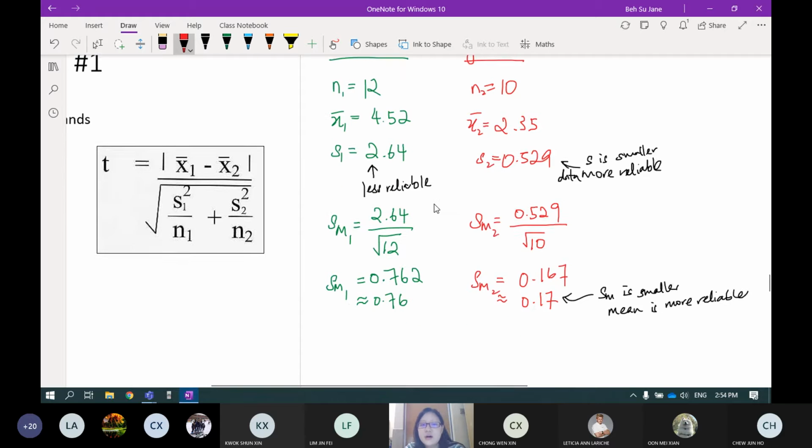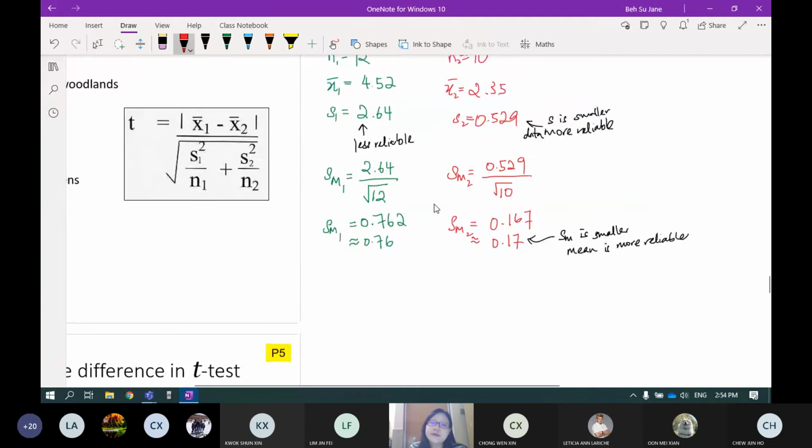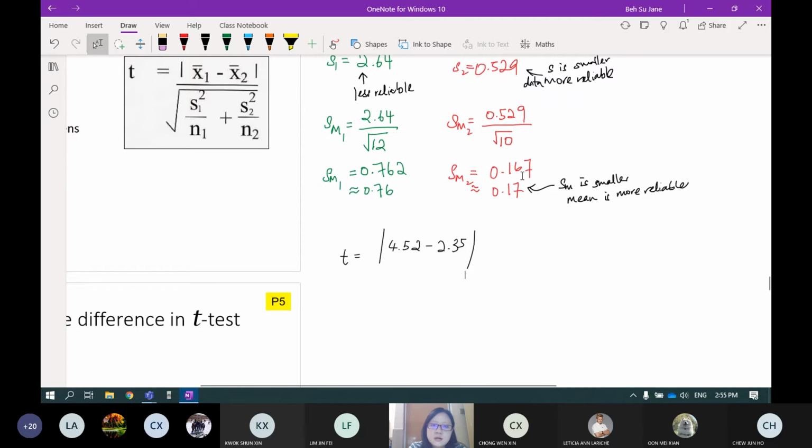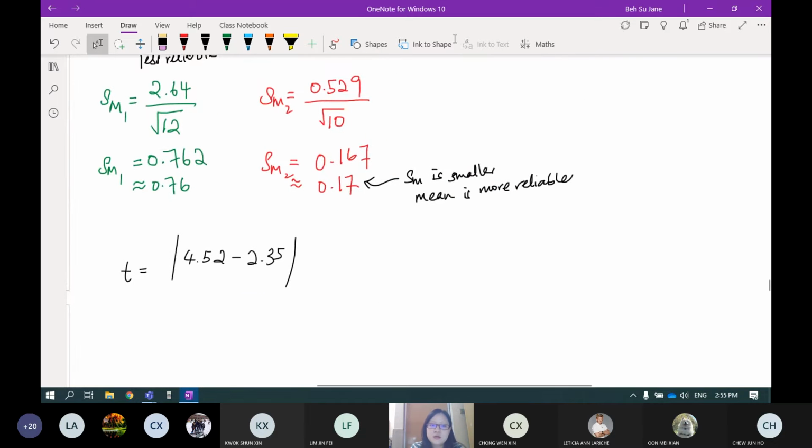I'm going to do it with you, but you should try it as well. Don't confuse the modulus with 1. There's a modulus. Draw longer. Square.